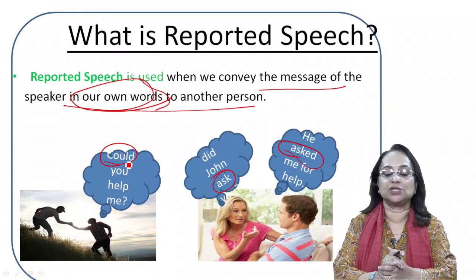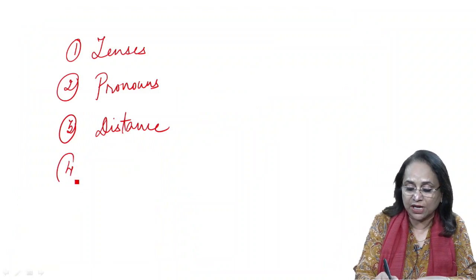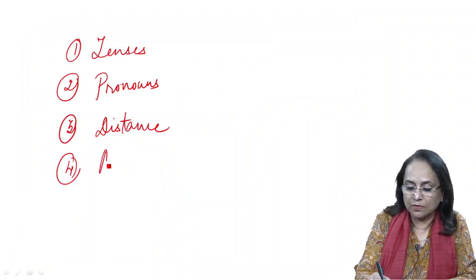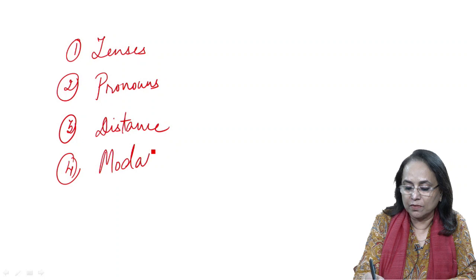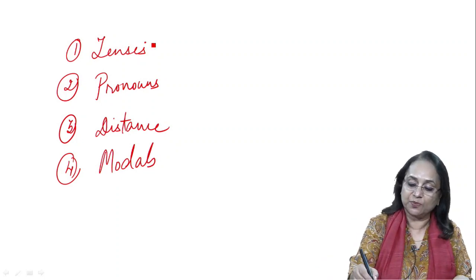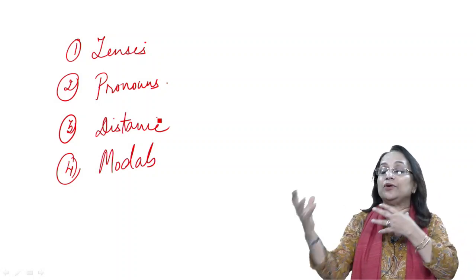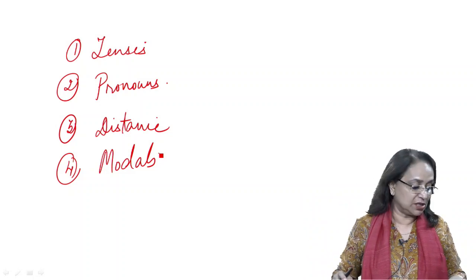So many changes happen. One more thing that changes is the modals. Change in modals. So tenses change, pronouns change, there'll be a change in the distance when you are reporting, and there'll be a change in the modals.